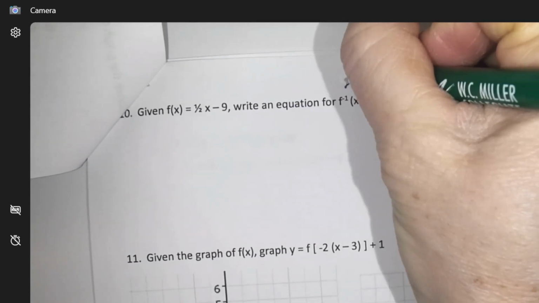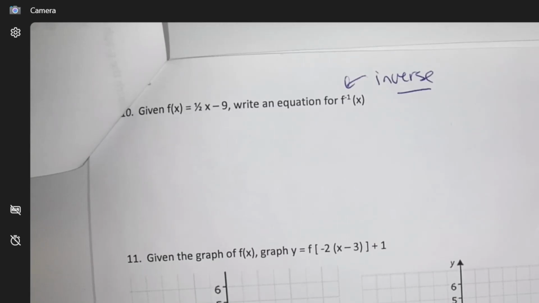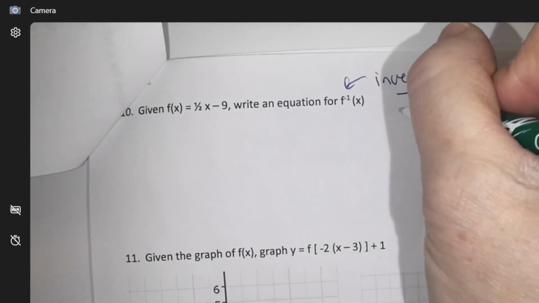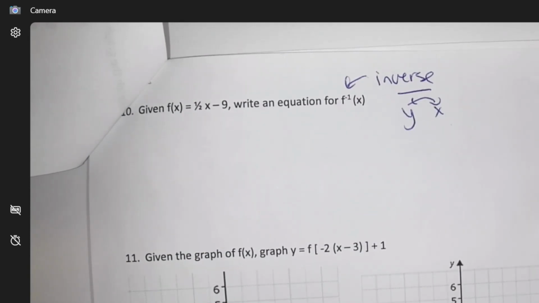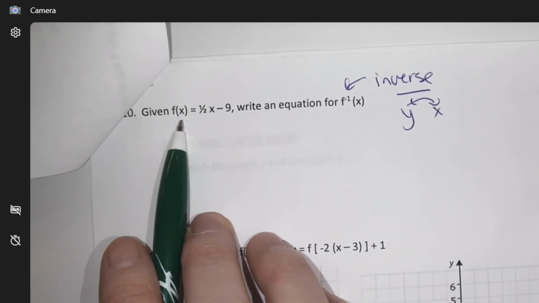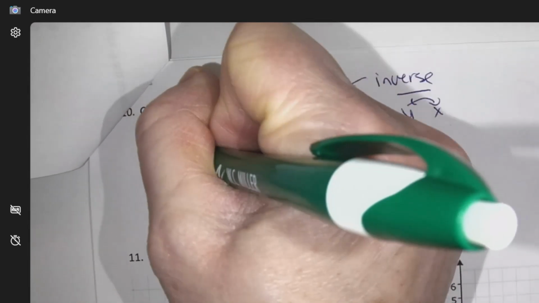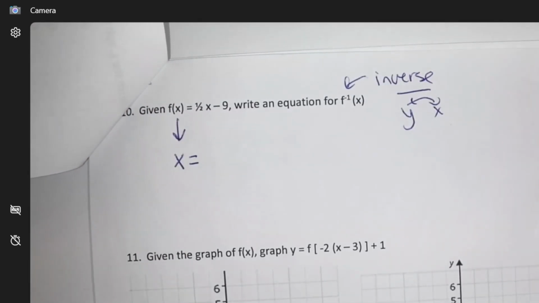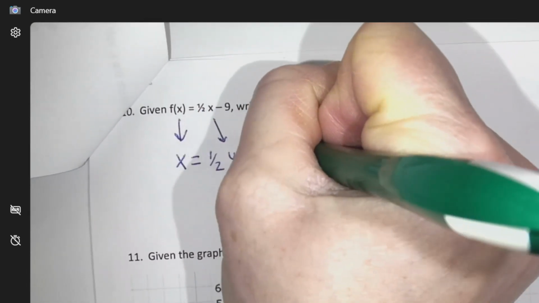Okay, number 10, more inverse stuff. Simple for inverse, so again, what's in my head? This is always in my head with inverse, the x and the y, they switch. So we're going to do that. So f of x is the same thing as an original, like a y. So instead of y, I'm going to write x. And instead of x, I'm going to write a y.